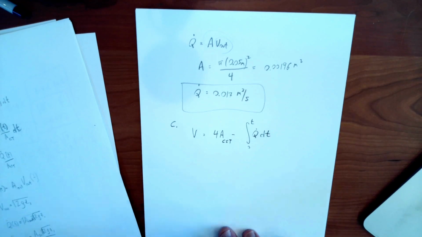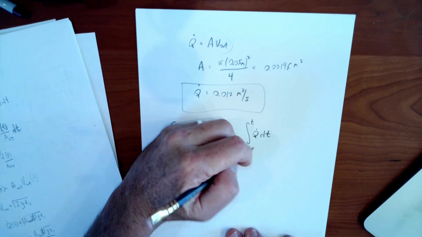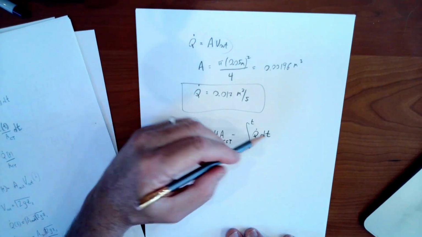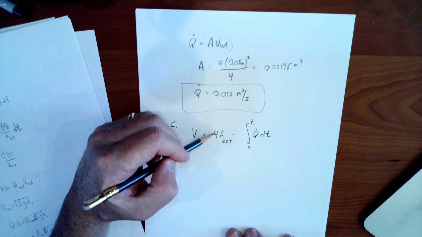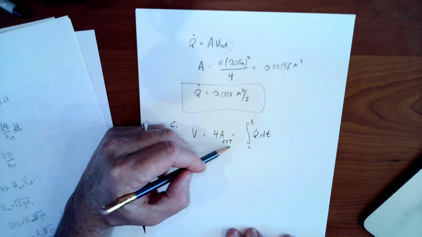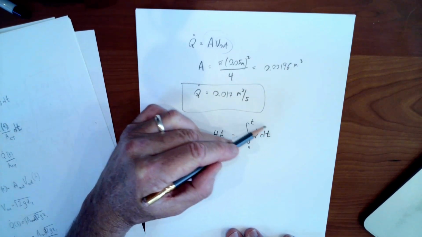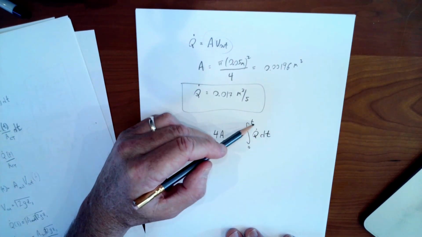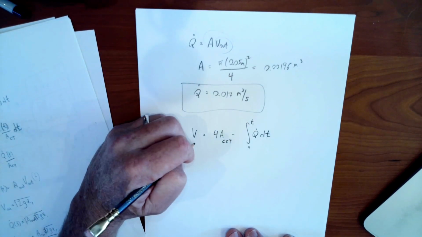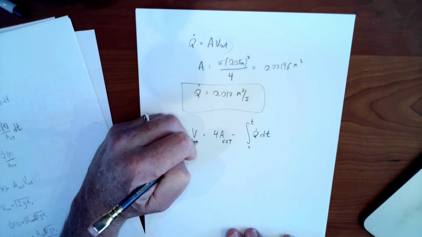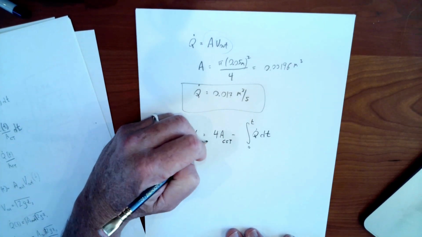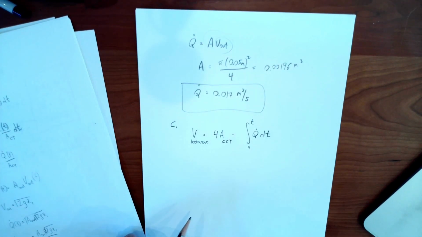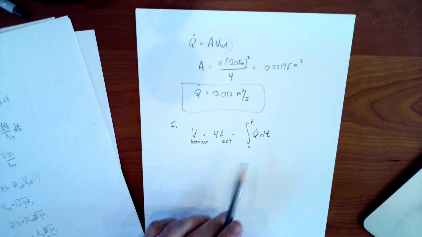If you integrate the total volumetric flow over time, and this is the total volume of the tank initially, you're subtracting how much is drained out. This volumetric flow rate is what's draining out. It's changing with time, and we can integrate it from 0 to some new time, and that will get us the total volume left. So this is the volume of kerosene, not the volume of the tank. The volume of kerosene in the tank is related like this.